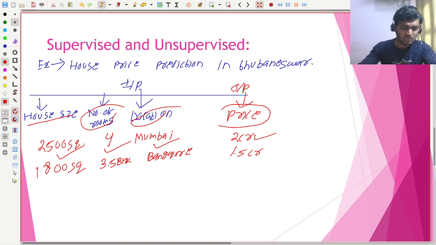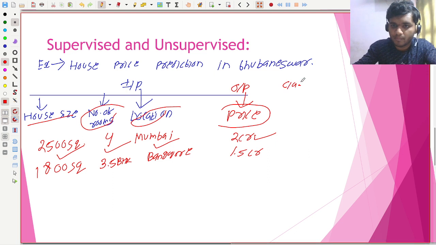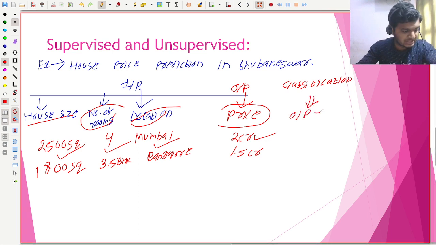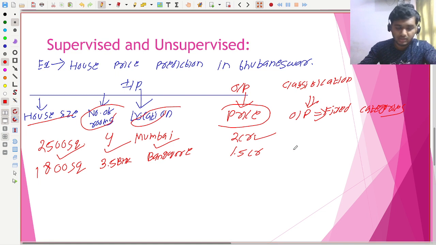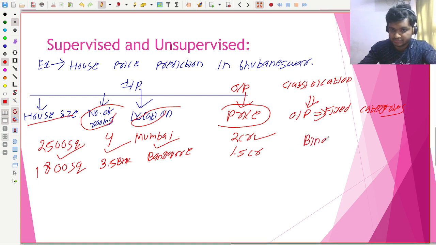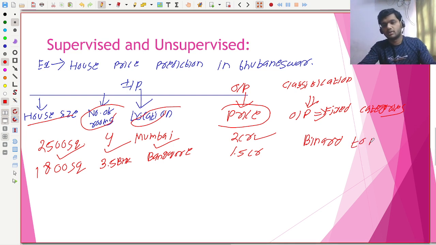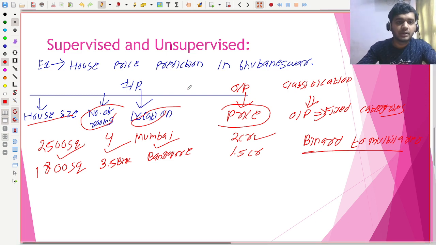Okay, so it is part of classification. The output is in fixed categories, from binary to multiple categories. Maybe the output is binary or maybe the output is multi-class.